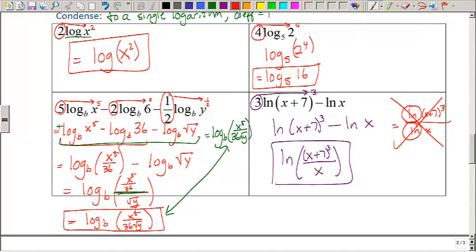But that's not what the quotient rule says. The quotient rule says if you take a log of an argument minus a log of another argument, you get a single logarithm, but you take the quotient of the arguments, not the quotient of the log of the arguments. You take the quotient of the arguments, and that has a single logarithm, in this case natural logarithm. So please don't make that common student mistake.